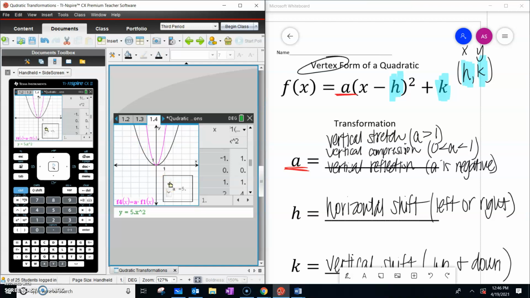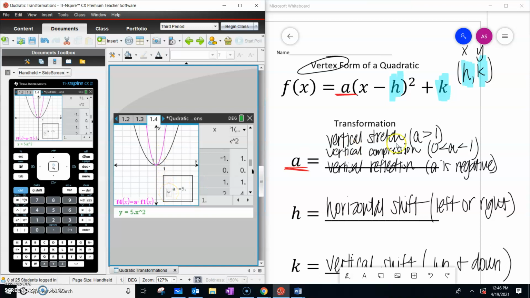Those are all words you can use, but what this officially is called is a vertical stretch. You need to be able to look at one graph and the next graph and say, this is a vertical stretch, or whatever that transformation is. So when a is greater than 1, it's called a vertical stretch, and this is what it looks like, the purple graph.